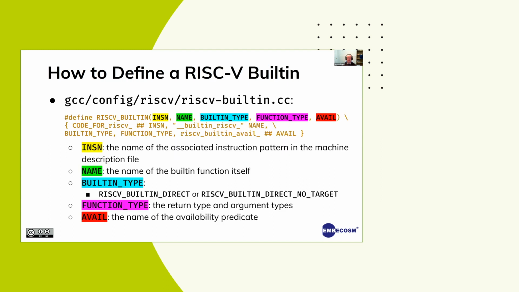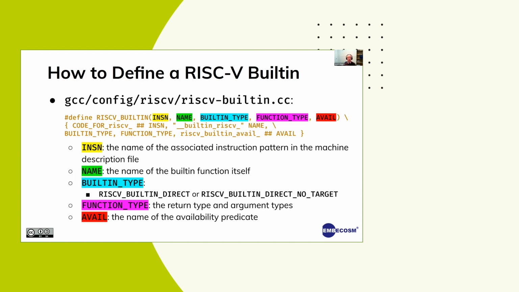Now, here's the big one. Inside the RISC-V builtin.cc, the RISC-V target things, is a macro called RISCV_BUILTIN. What it does is it creates a call to a constructed function, which is where the compiler will start hooking in.